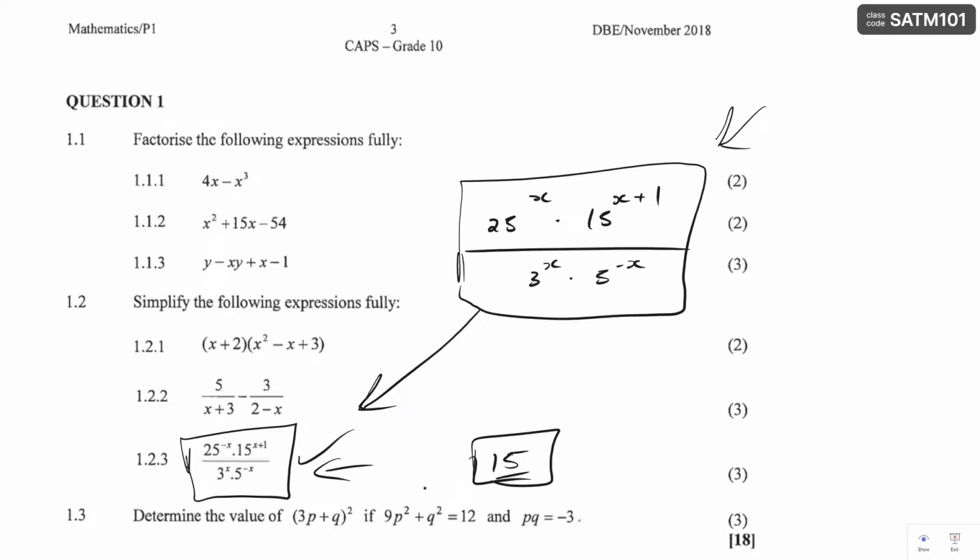So the last question, what we need to do here, we need to find the value of this one, given that 9p squared plus q squared is equal to 12, and the product of p and q is equal to negative 3. So the first thing that I can advise you to do, let's try to simplify this one and check if it's connected somehow.